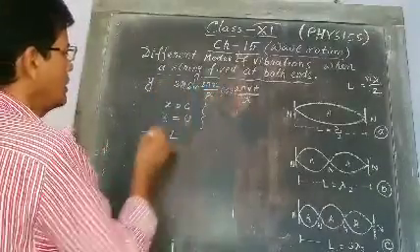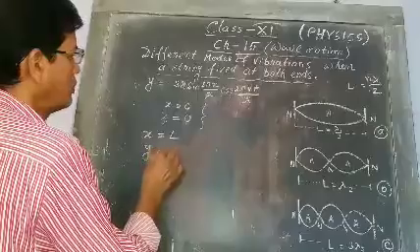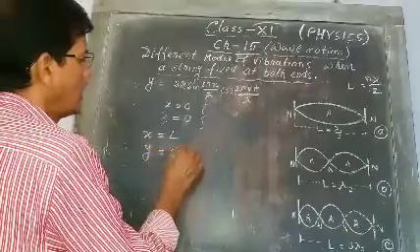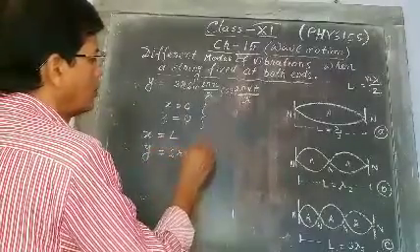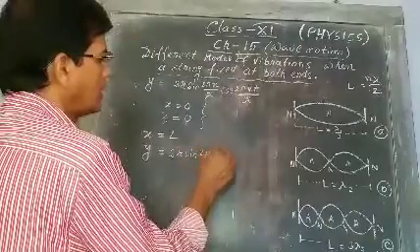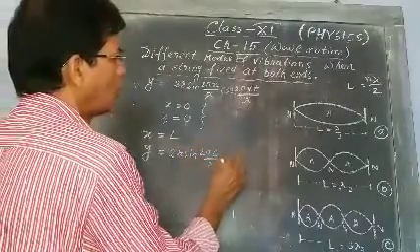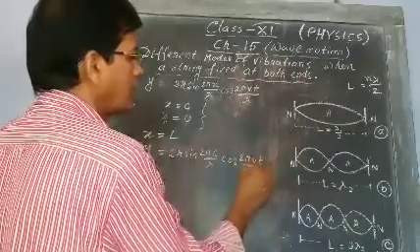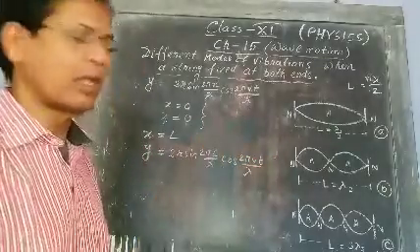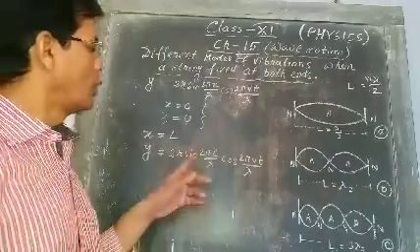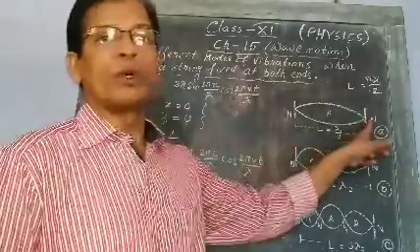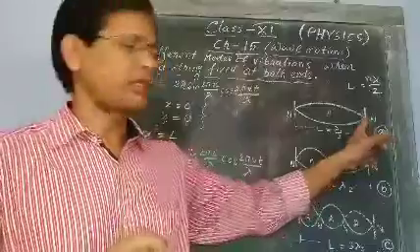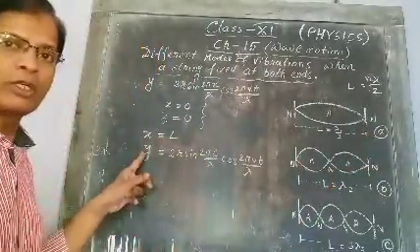Now at this point, x equal to L. So what will be the equation? y equal to 2r sin(2 pi L by lambda) cos(2 pi vt by lambda). At this point also there will be no displacement, so y must be 0.